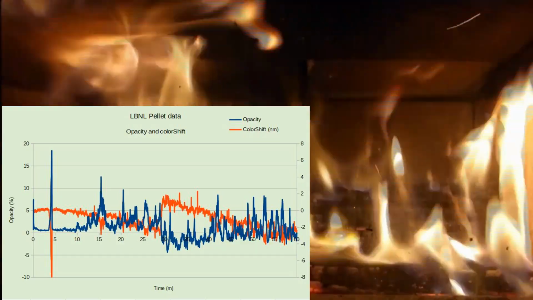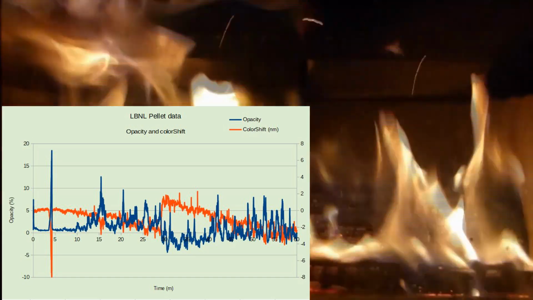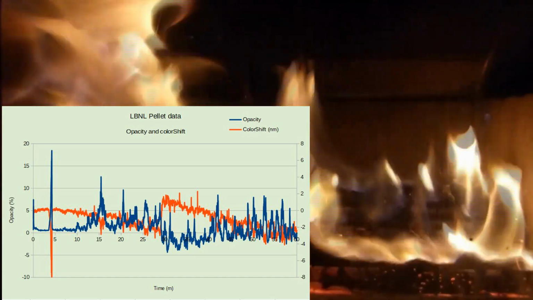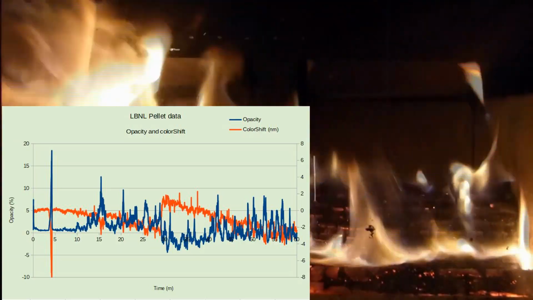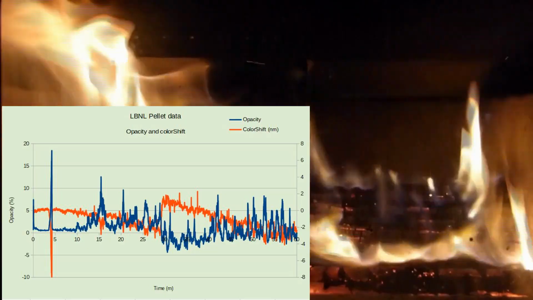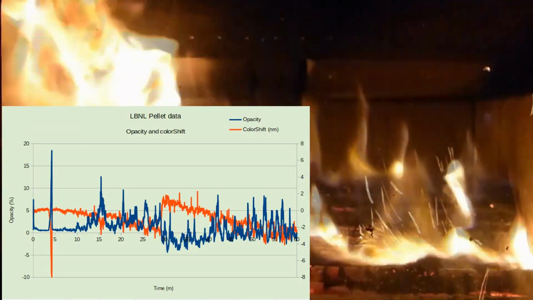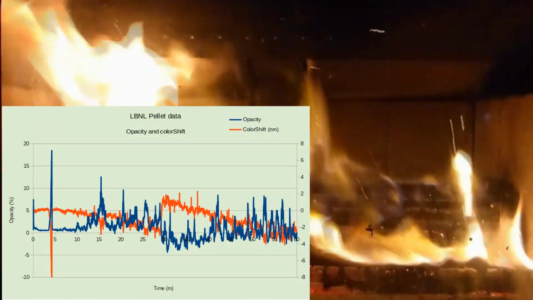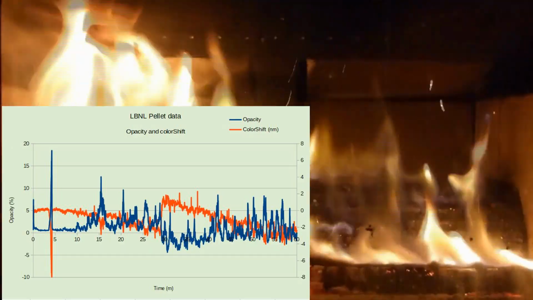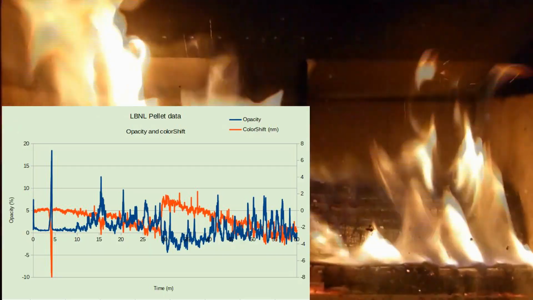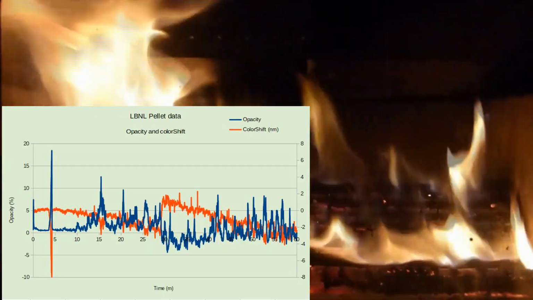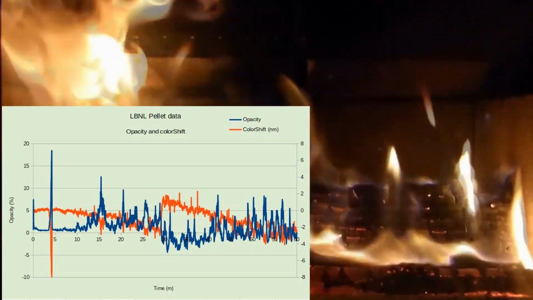That's the blue line, and we're looking at the fire growing. Every time the system activates the auger, it drops a new batch of pellets in. So every one of those peaks, at regular intervals, is the system turning on and feeding the fire. So yes, we can look at the opacity and smoke released by a pellet stove.